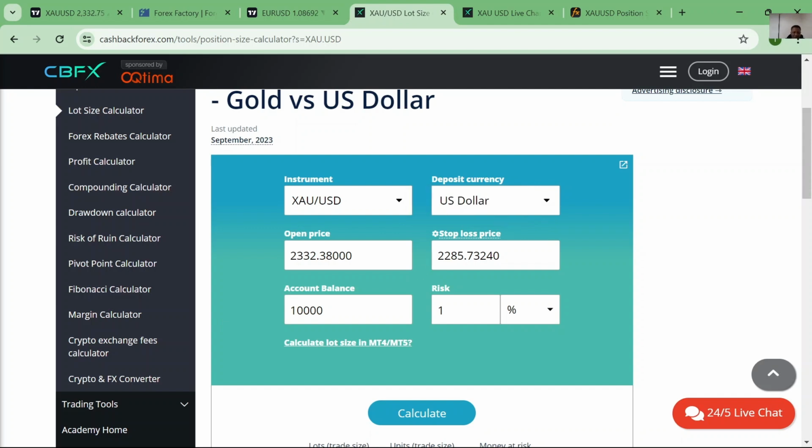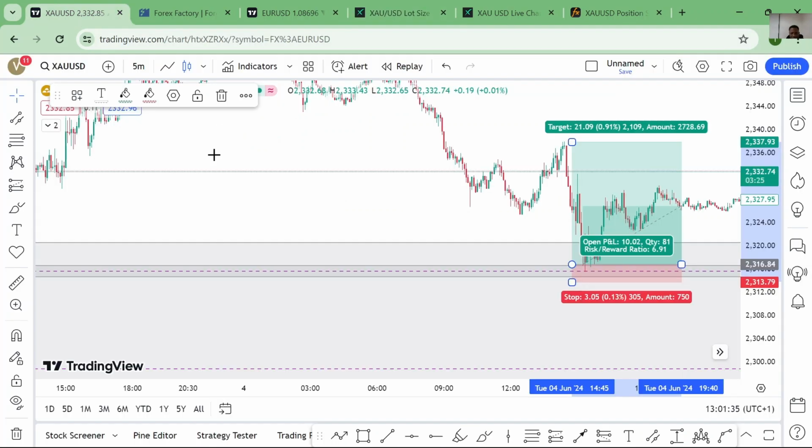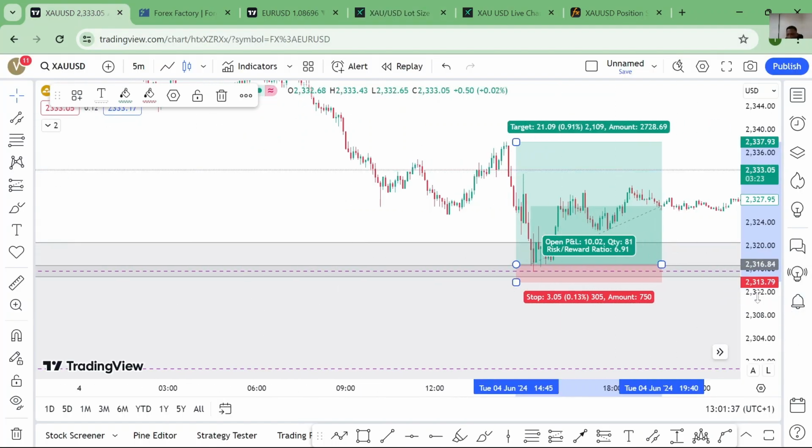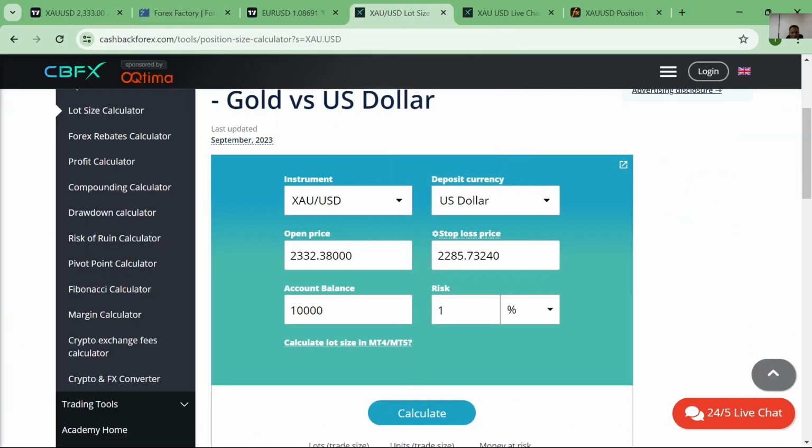Then this is the entry price. We're going to go to the setup and pick it, and this is our stop loss. So go back to this setup, the entry price is 2316.84. You put that value here, 2316.84.